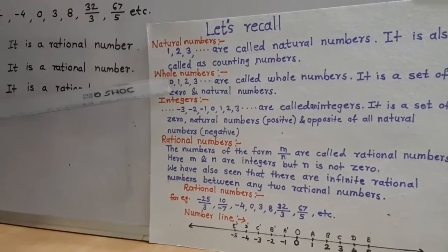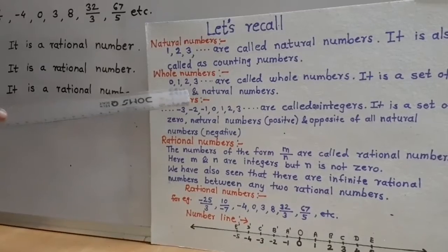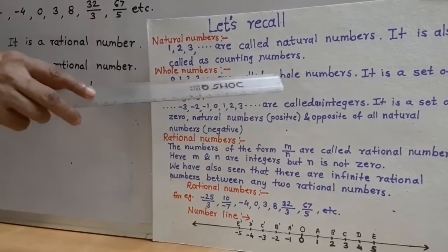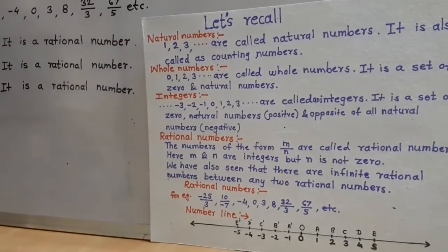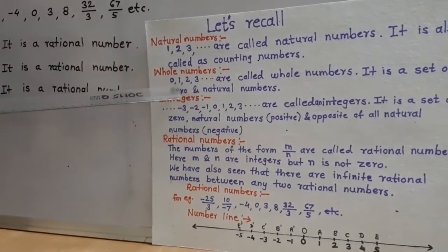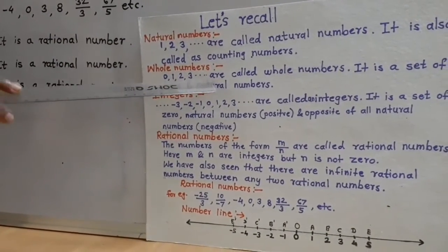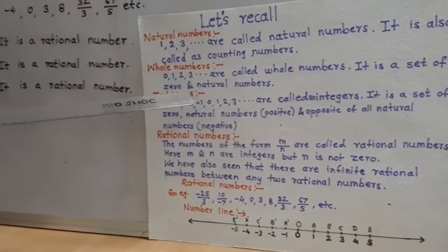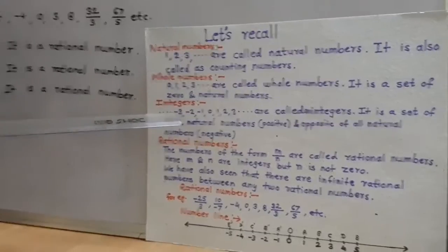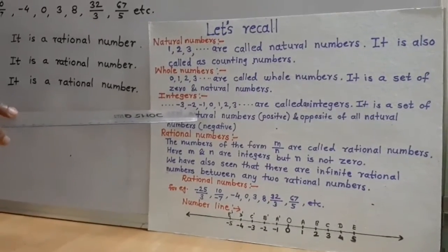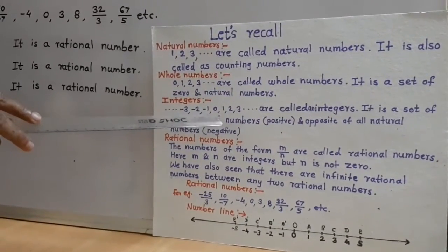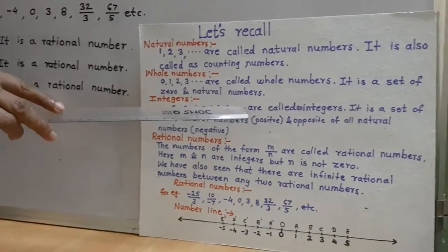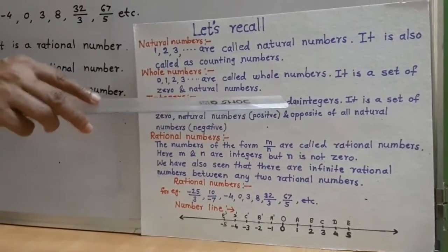Next, whole numbers 0, 1, 2, 3, dash dash are called whole numbers. It is a set of 0 and all natural numbers. Next, integers dash dash -3, -2, -1, 0, 1, 2, 3 dash dash are called integers.